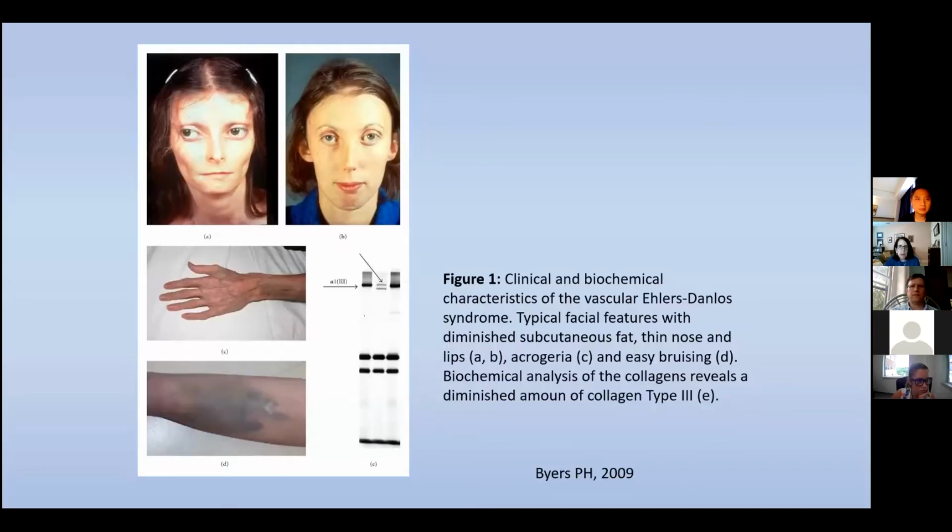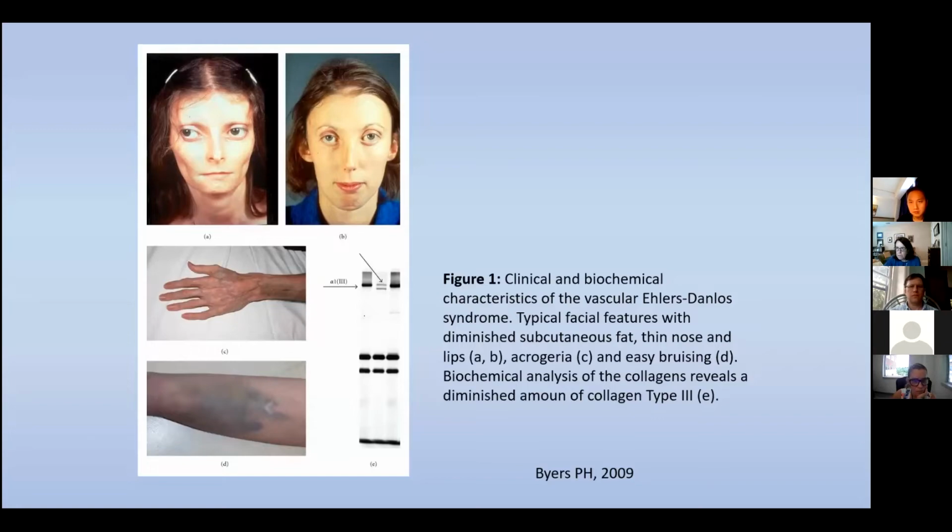And this is what we consider to be the typical facial appearance with a sort of triangular face, very prominent eyes, diminished subcutaneous fat, and a thin nose and thin lips.